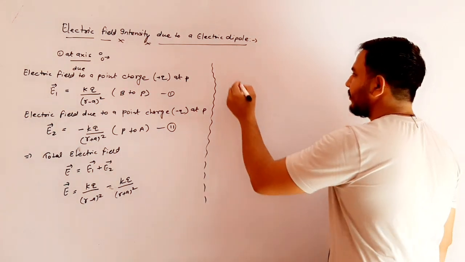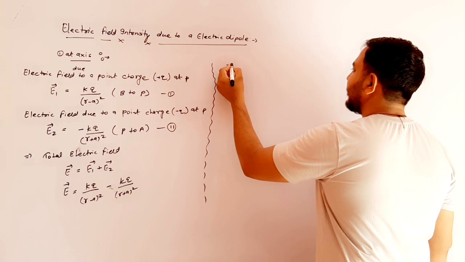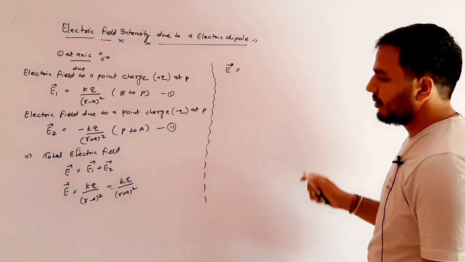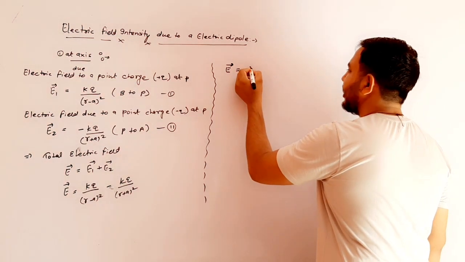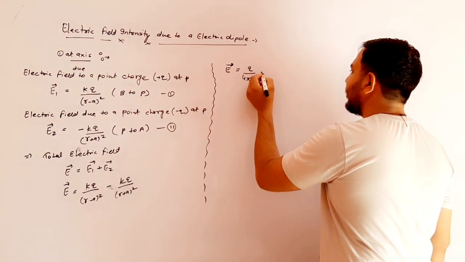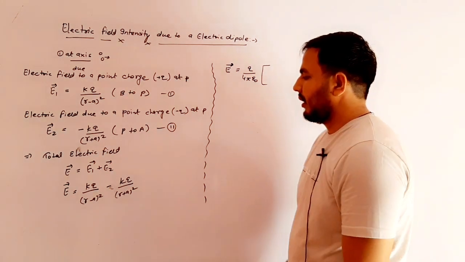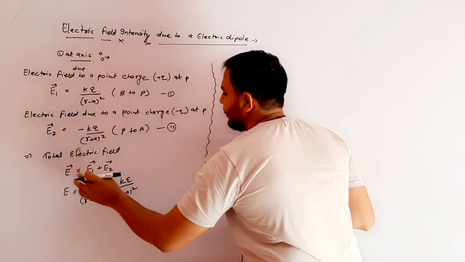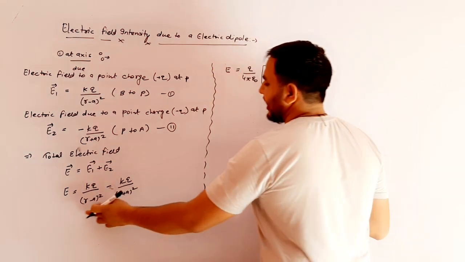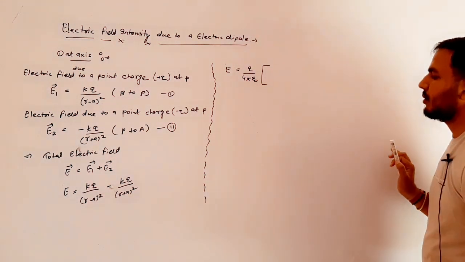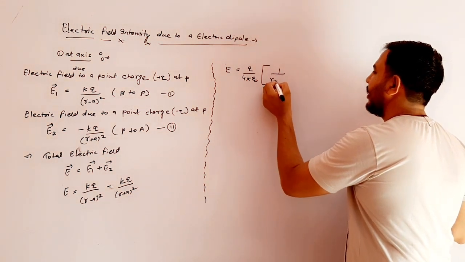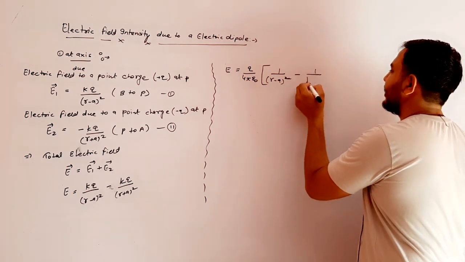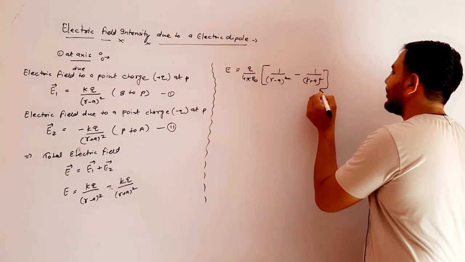Next, E vector is equal to kq, common q upon 4 pi epsilon naught. Here you will not have the vector because both are along the same line. So 1 upon r minus a whole square minus 1 upon r plus a whole square.